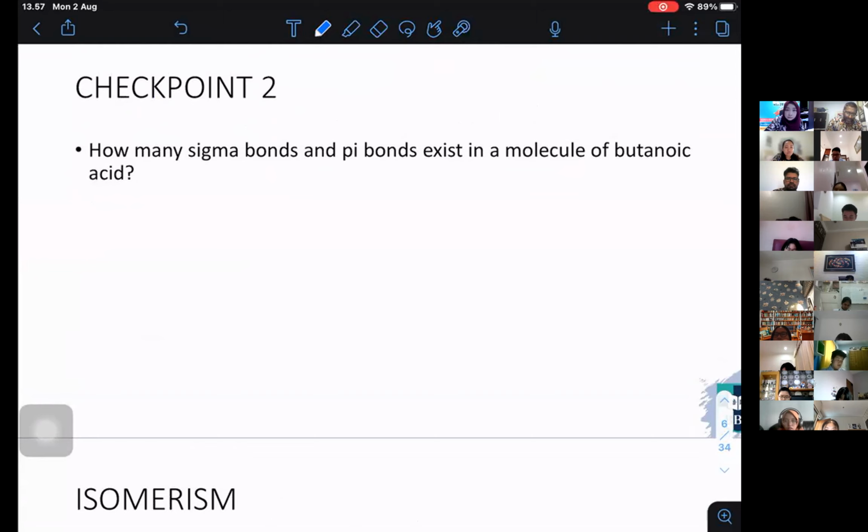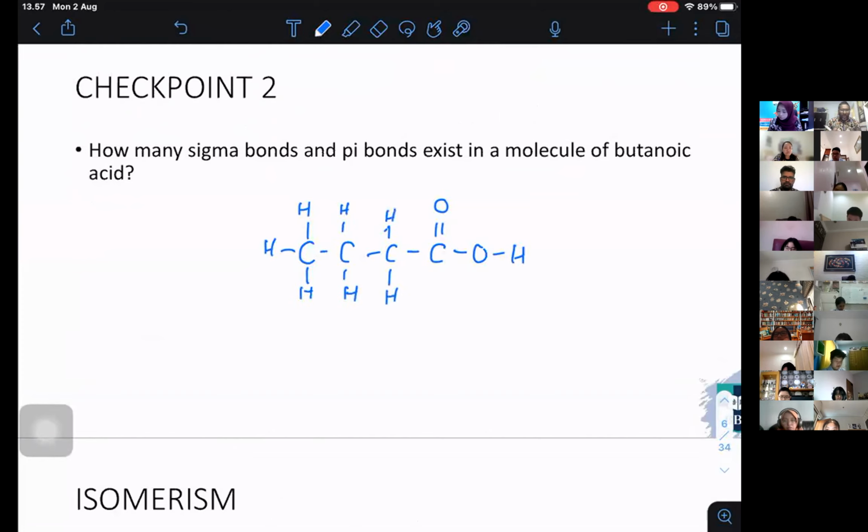First of all, you need to draw the displayed formula. So 4 carbons, and then you will have something like this. All these are going to be hydrogen. You need to check all the single bonds, which are sigma bonds, and for the double bond, one of it will be sigma and the other is a pi bond.